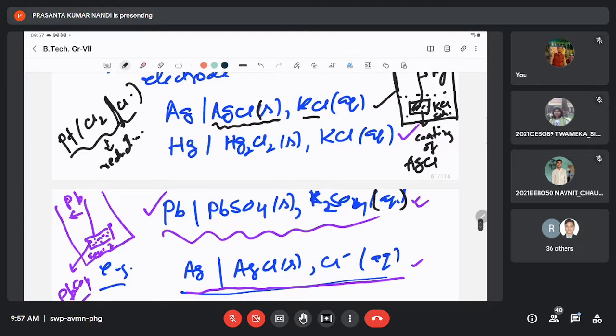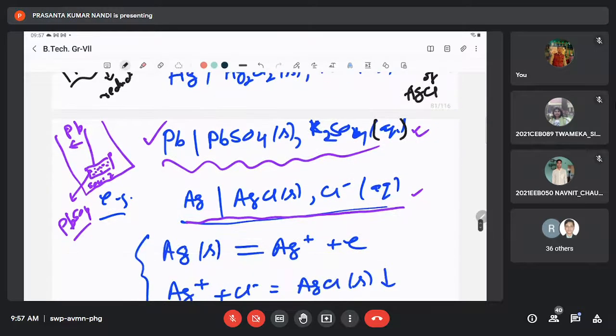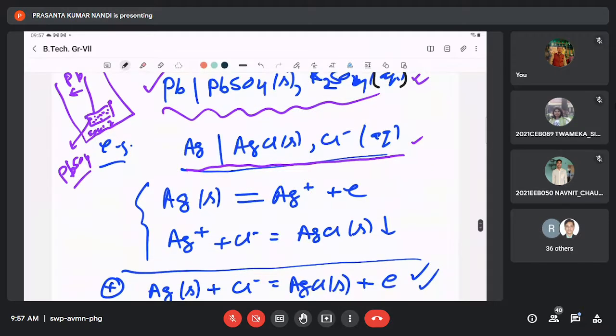Now there is a question. Suppose this is the representation of a metal sparingly soluble salt half cell; then what should be the cell reaction? It is given by this. For this half cell, these are the reactions taking place. Silver in brackets denotes metallic silver. It passes into the aqueous phase as silver ion with liberation of one electron.